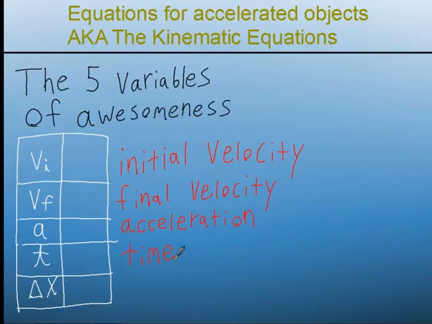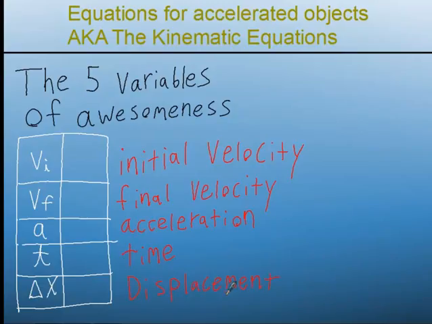T stands for time, just the amount of time that went by while the problem was taking place, while the object was actually moving. And delta x stands for displacement, which is a fancy physics way of saying how far the object got from where it started. It's not necessarily how far the object traveled, but it's how far it ended up.